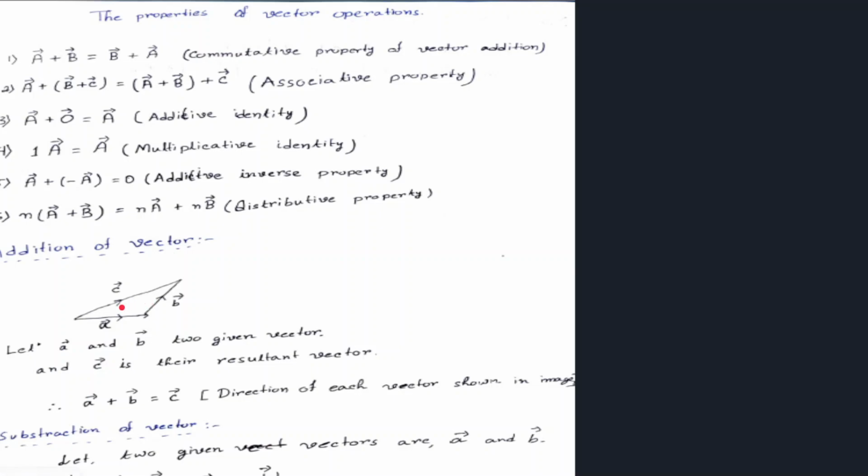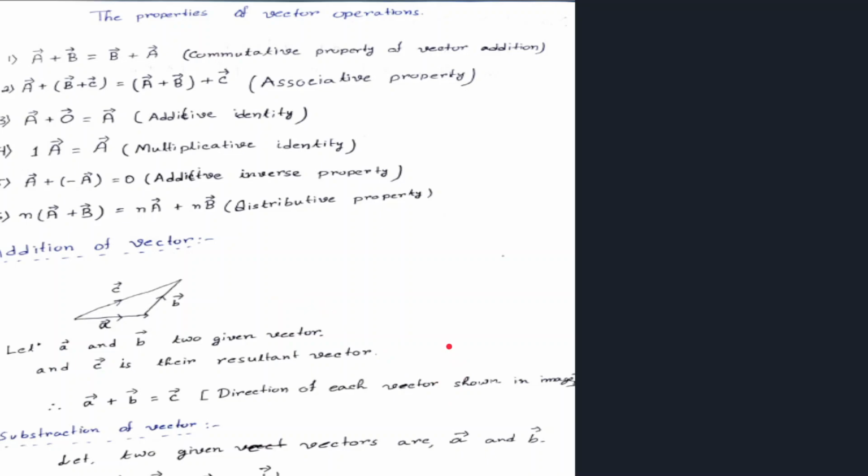Another way we can find it is that if we complete the parallelogram, then the diagonal is their resultant, and the direction of that resultant is the opposite of what this flow has. That is the resultant vector.